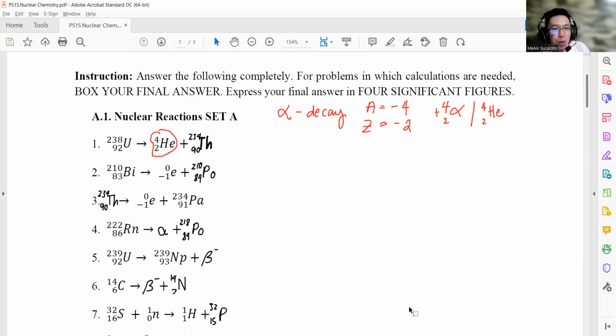Ngayon, ang explanation ko, theoretically speaking, may mga nuclei of uranium-238 na instead of undergoing alpha, nagbe-beta sila because that might be the most possible way to become stable.